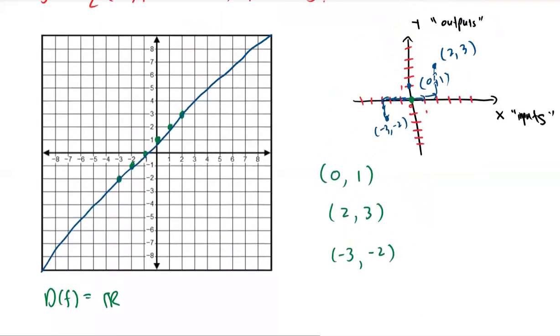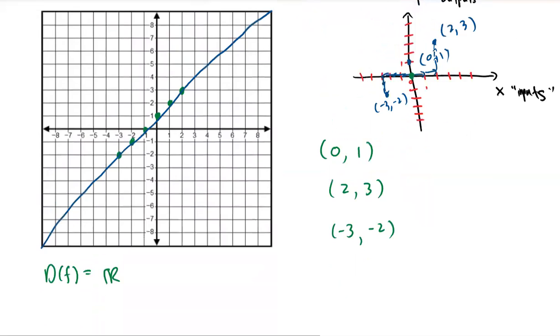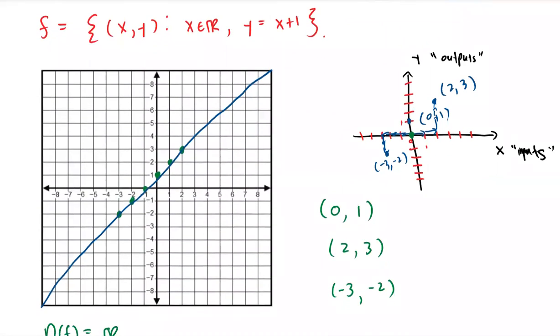Now, the range is a little bit easier to calculate. Because for the range, we're asking what values of R, of the set of real numbers, have something mapped to it by this function. So maybe from the picture, it's completely obvious that the range is also the set of all real numbers. Why? Because it doesn't matter what y value you choose, this line here is eventually going to reach that y value, whether it's a very large y value or a very large negative y value.